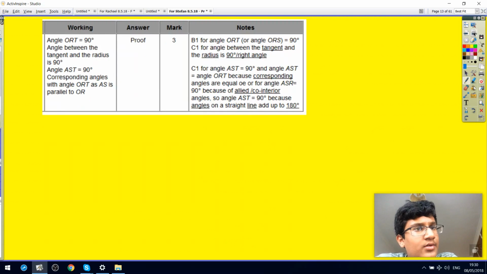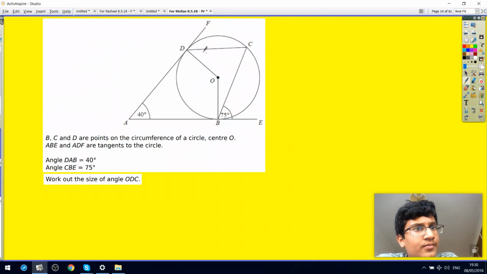Yeah, and so that might be a quicker way. Instead of halving it and doubling it, you know that that's going to be 90 and that's going to be 90. So these have to add up to 360. These two add up to 180, so these two will have to add up to 180. Then that angle DOB would be 140 degrees.